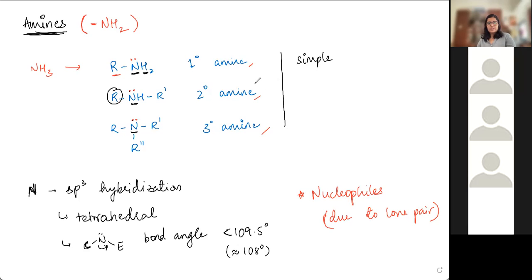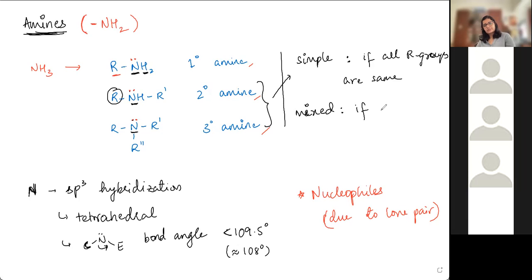So this applies only to secondary or tertiary amines. Simple amines, if all the R groups are the same, and they are called mixed amines if you have different R groups.